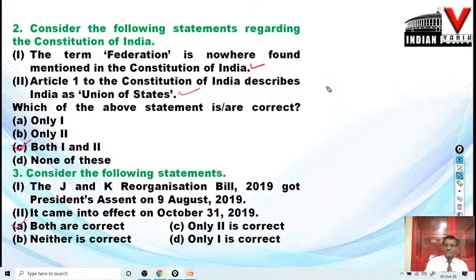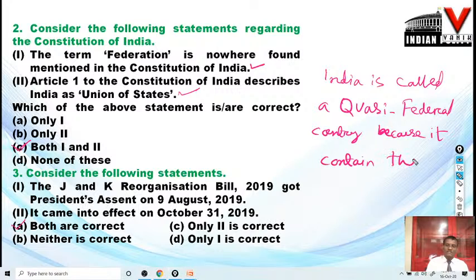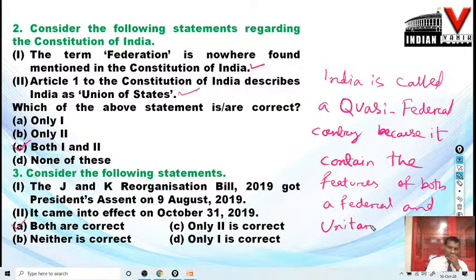Okay, I'm writing here. Just follow it. India is called a quasi-federal country because it contains the features of both a federal and unitary government.